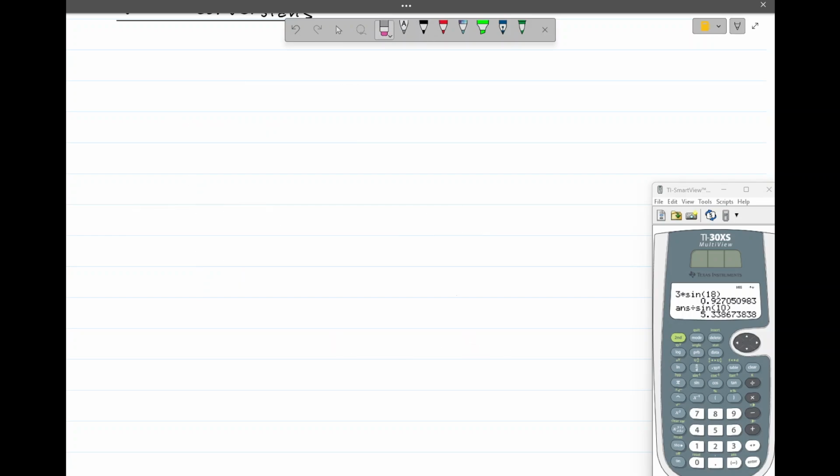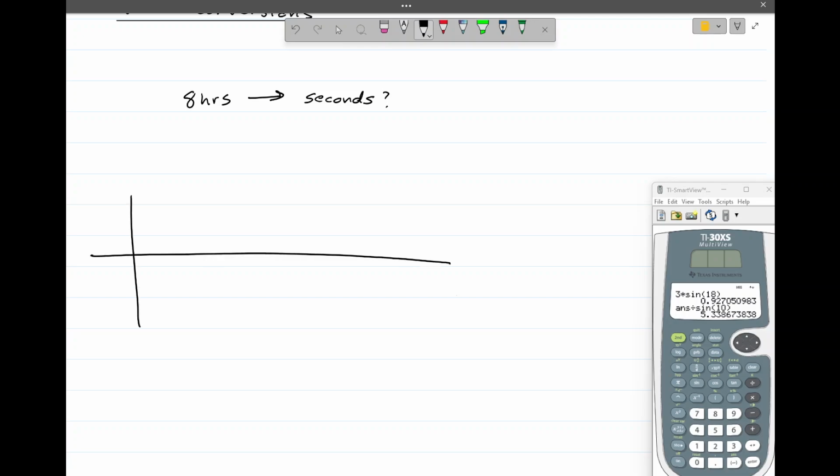For whatever reason, I want to know how many seconds there are in 8 hours. So 8 hours equals how many seconds? All right, so I'm going to start using my tree. And over here, I write what I start with. So I start with 8 hours.